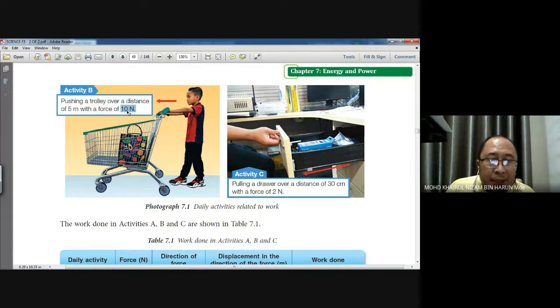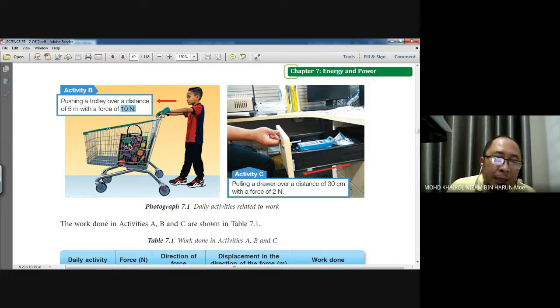You can see from this diagram it never stated any information about the weight of this trolley and also the weight of this boy.